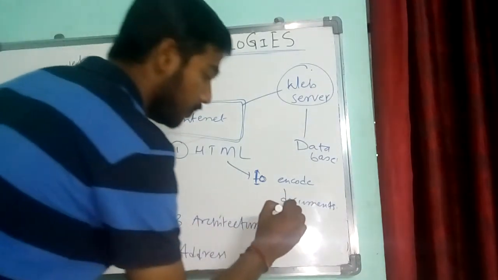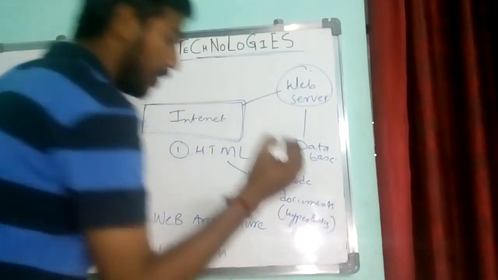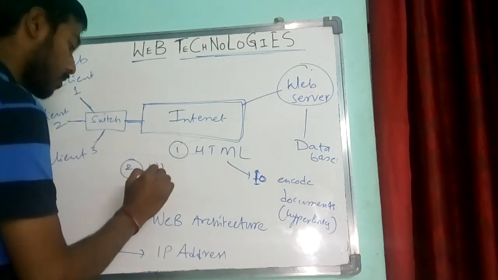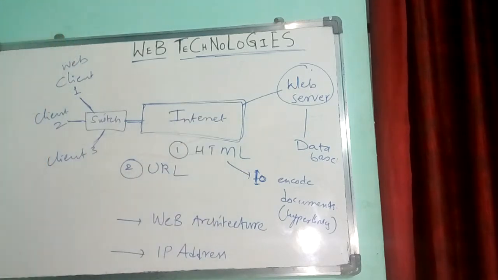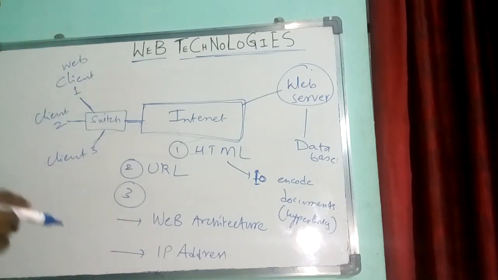These documents have hyperlinks. Next is URLs. I already told you, a URL has the address of the web pages. And the third important thing is HTTP.